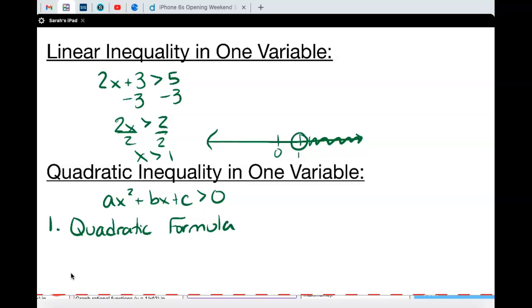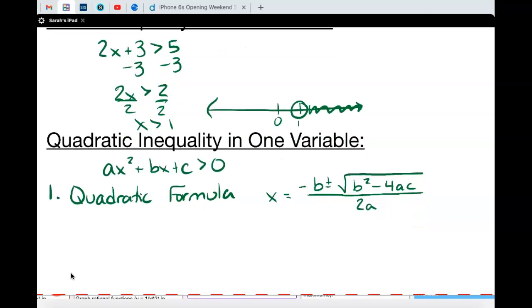Let's write down the quadratic formula. Those are the different ways of writing a quadratic, general and standard. This is how we're solving a quadratic that could be in any form.